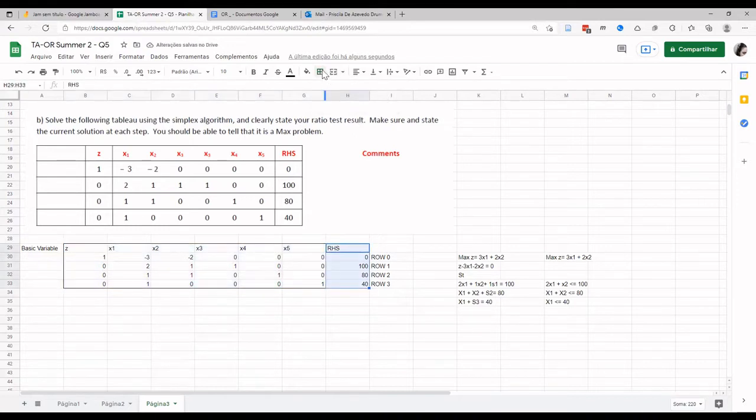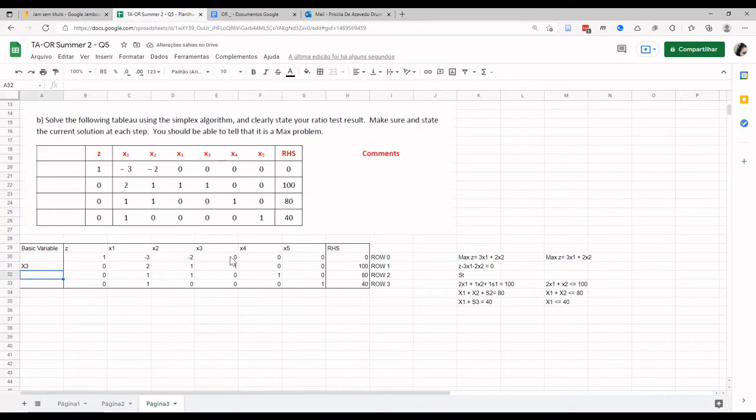In this first tableau, we can take that information by doing the procedures in the opposite direction from what we would normally do. We also can identify what are the basic variables and what are the non-basic variables. And that's the way I explained it earlier. So I know the basic variables are the ones that have some value other than zero attached to them. So I know that x3 is the first slack, and it has this form over here.